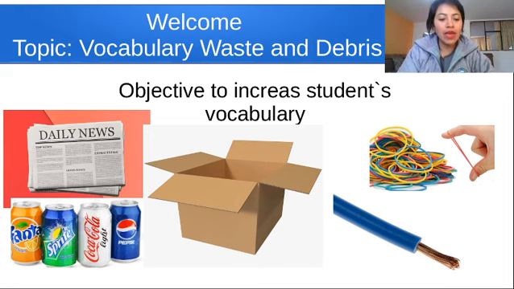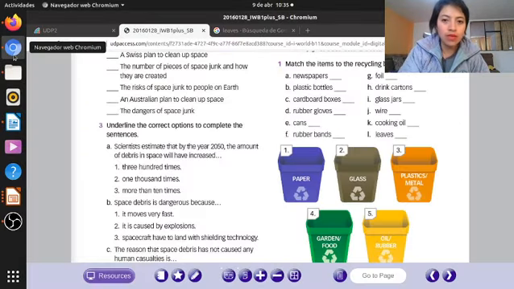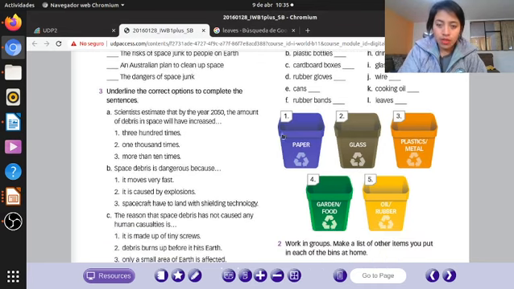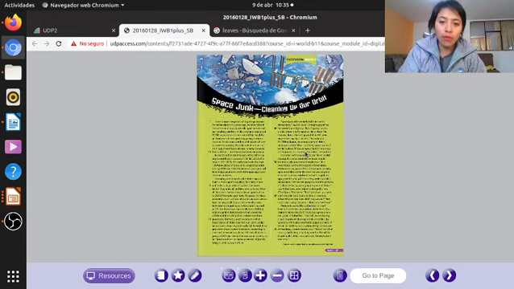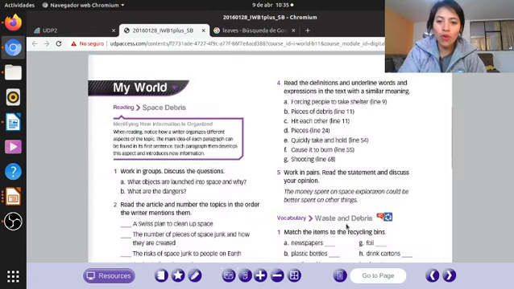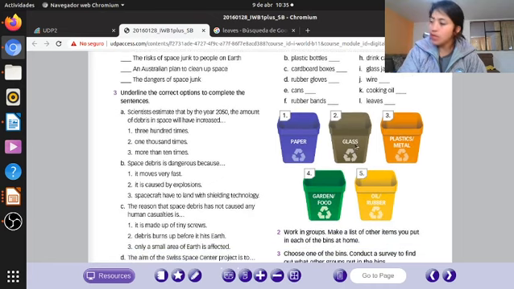In this exercise, we have some bins. Bin number 1 is for paper. Number 2 is for glass. Do you know what glass is? It's the material. This is glass.